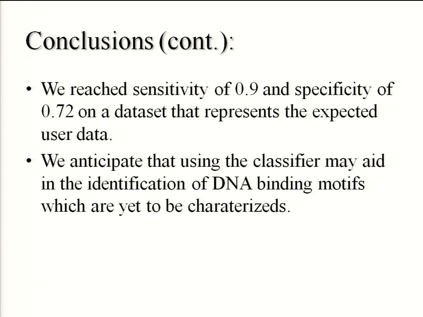And the anticipation is, because none of the known motifs were taken explicitly into account in the learning process, we believe that with this tool it's possible to detect other modes of binding to DNA, presumably using other binding motifs.